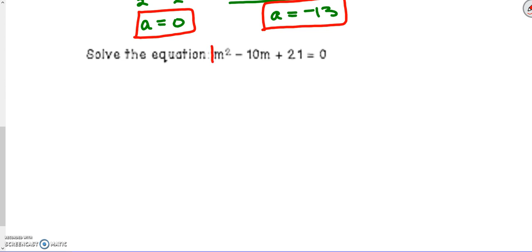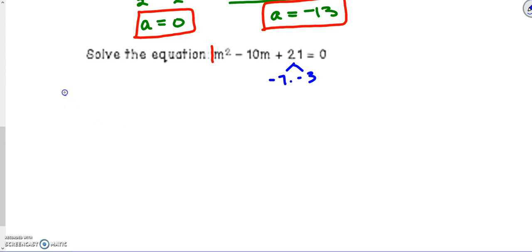So that makes our life much easier because all we have to do is find factors of 21 that would give us a sum of negative 10. And in this case, that is going to be negative 7 times negative 3. Because negative 7 times negative 3 is 21. Negative 7 plus negative 3 gives you the negative 10.